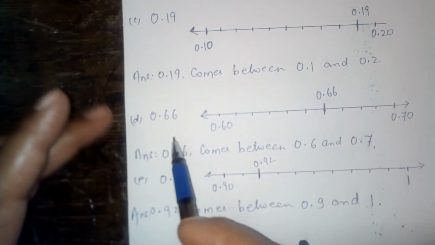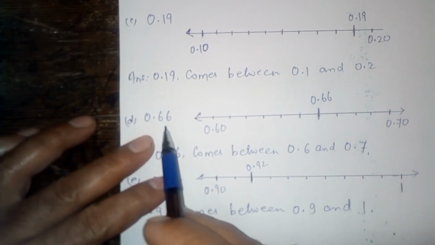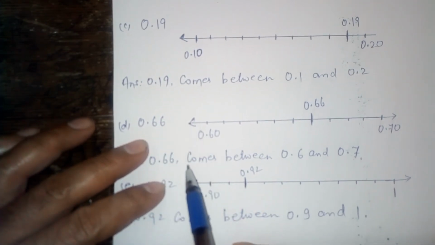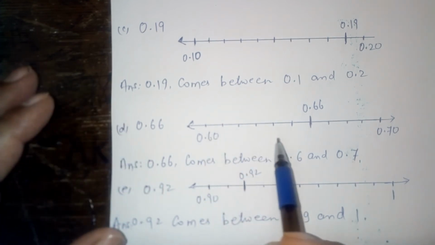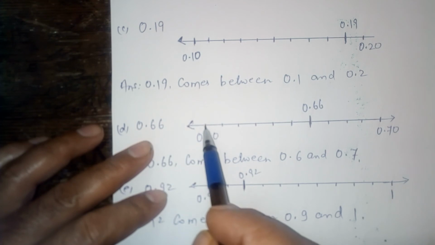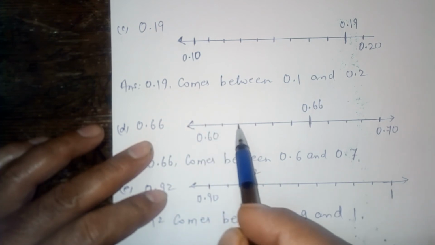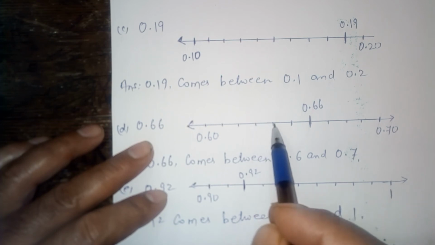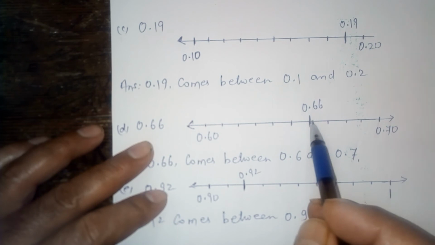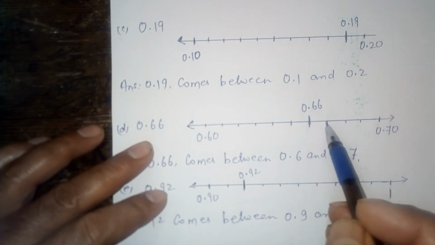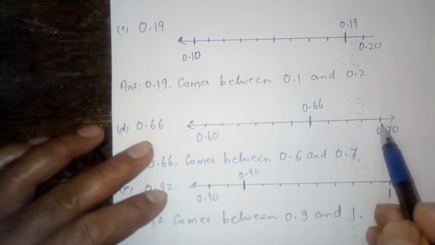My dear student, your next question is 0.66. It will be very easy for you. For this type of question, we will make one number line. This is 0.60, 0.61, 0.62, 0.63, 0.64, 0.65, 0.66, 0.67, 0.68, 0.69, and 0.70.